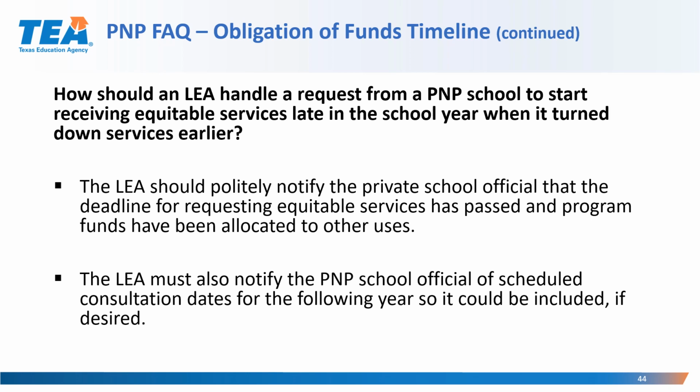The LEA must also notify the PNP school official of scheduled consultation dates for the following school year so that if it wanted to be included, it would know what those dates were prior to the next school year.